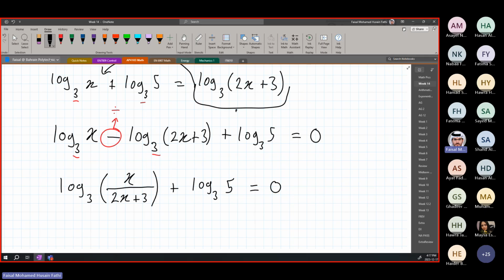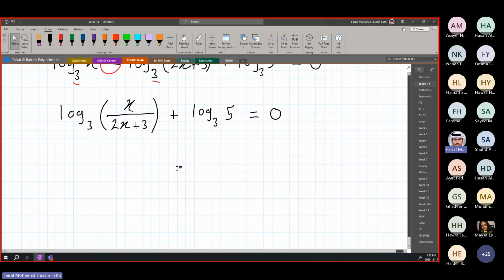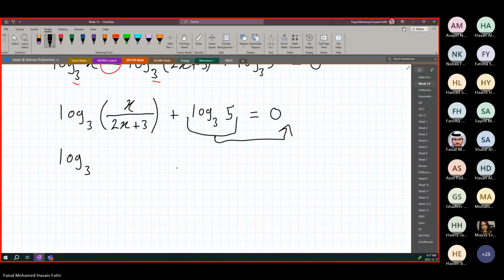Okay? Of course, there are multiple different ways of solving this. We can combine the 5 and bring it here. But my personal preference, I like to do it this way. I will take the log base 3 of 5 to the other side. So you will have log 3 of x over 2x plus 3 is equal to 0 minus log 3 of 5. Okay?